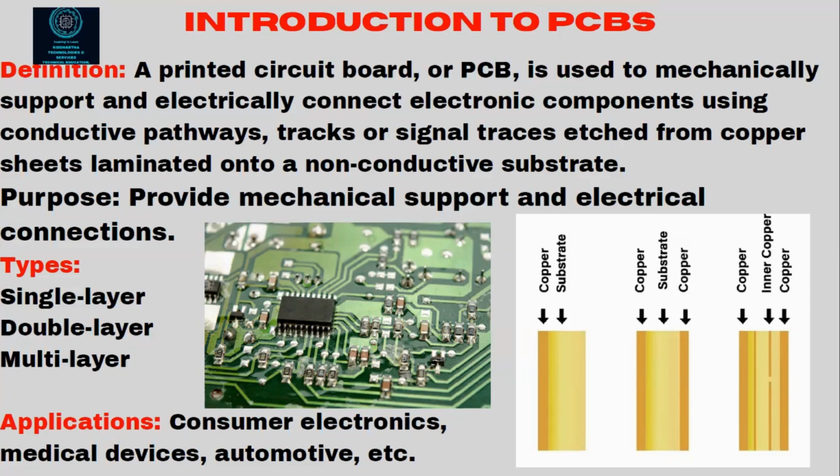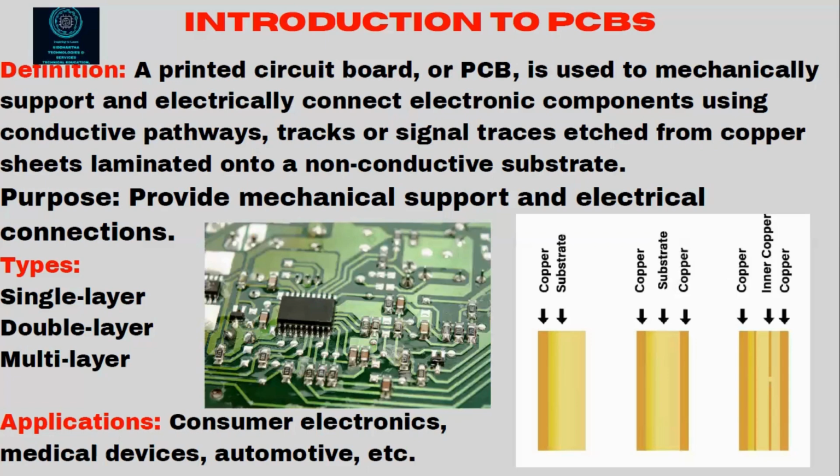That is, some connections will be there, tracks, or we call them traces, etched from copper sheet laminated onto a non-conductive substrate. Purpose: provide mechanical support and electrical connections. It is a permanent solution for your electrical connection. That you have to remember.